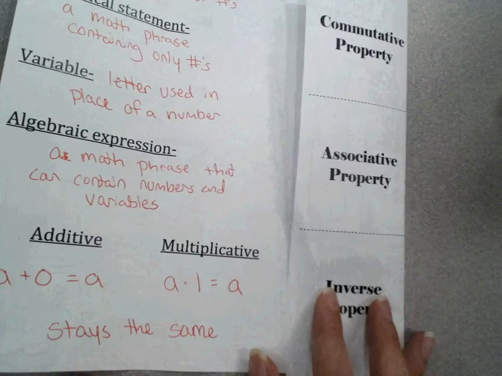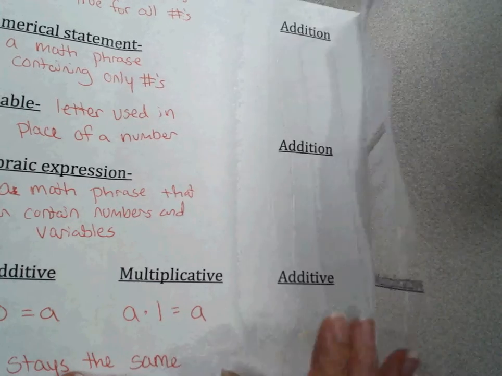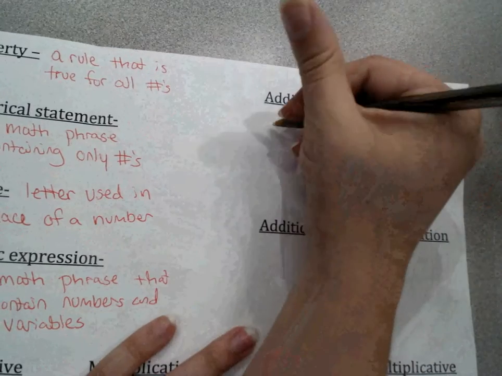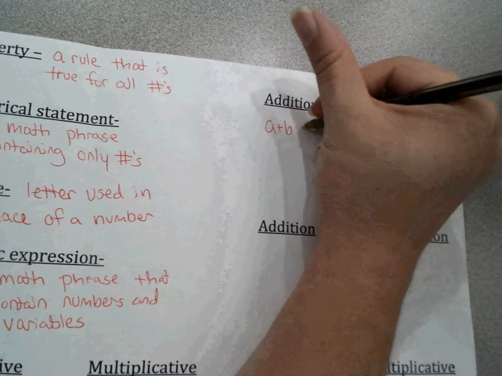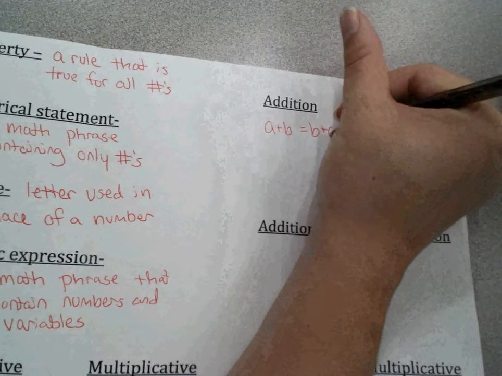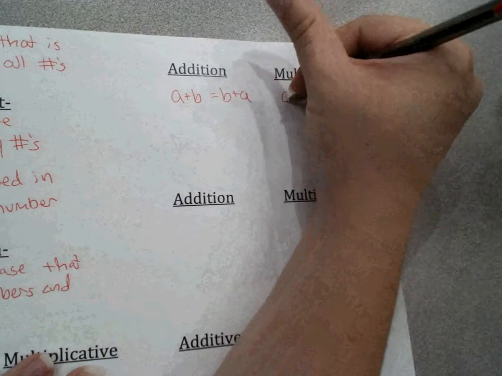All right, well, if we go to the right, commutative property. Well, for addition, say A plus B equals B plus A. And for multiplication, same thing but multiplying.